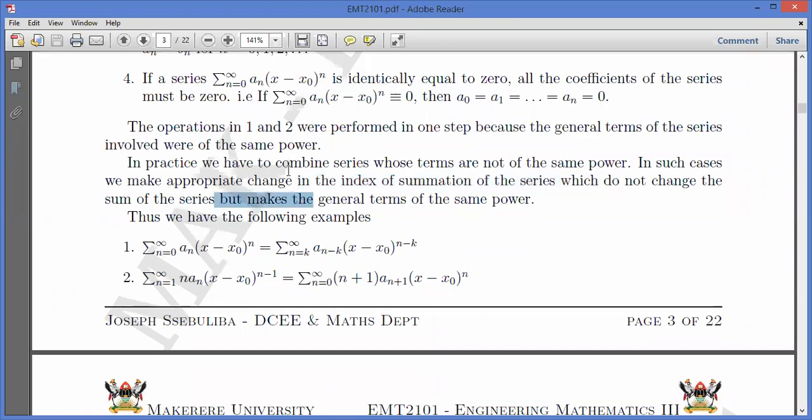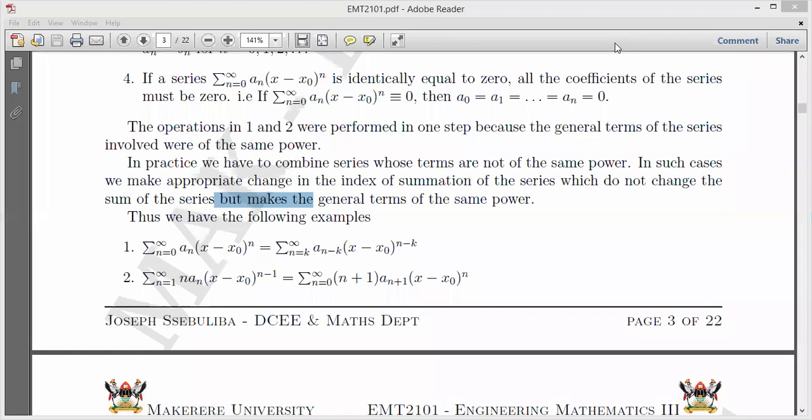So remember in what we did, the general representation of our power series solution, we had a sum of a_n times (x minus x naught) to the n.